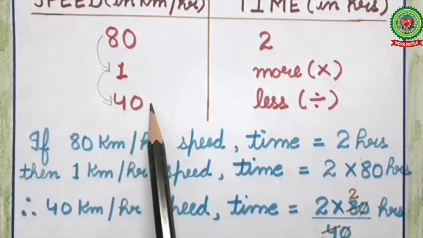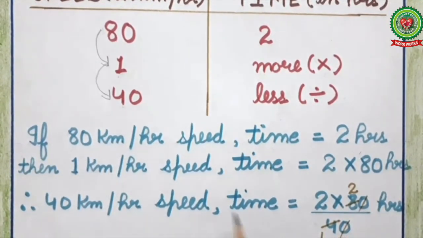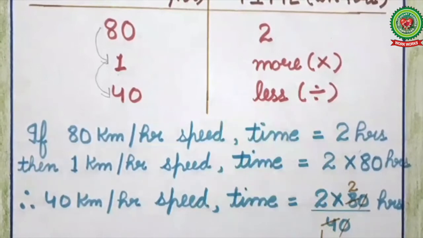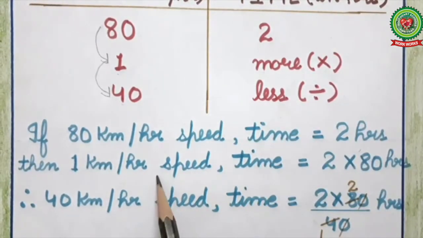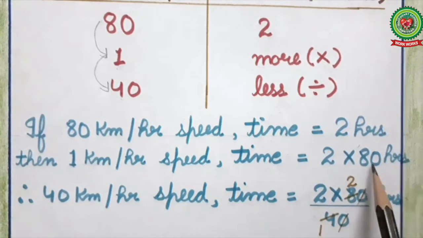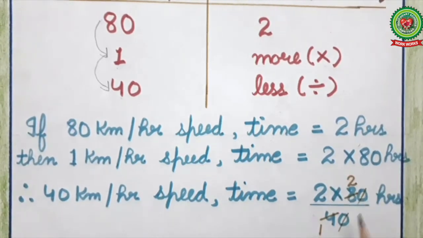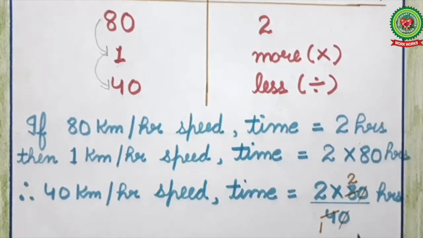Let's move towards 40 from 1. Therefore, for 40 km per hour speed, we will get the time by dividing the time for 1 km per hour speed by the required speed. Here the time for 1 km per hour speed is 2 multiplied by 80, divided by 40, that is the required speed.